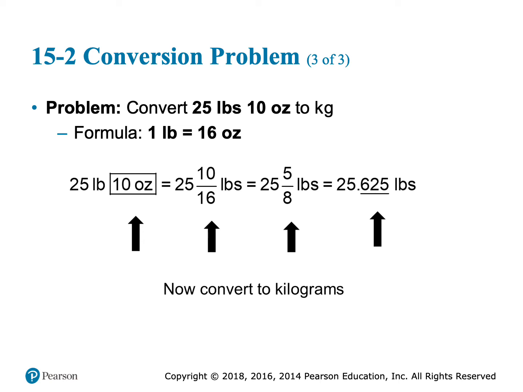We can reduce and then divide 8 into 5 to get our decimal, which is 0.625. So our pounds is 25.625 pounds, and now we can go ahead and convert to kilograms. And then we'll remember to round to the nearest hundredths, which would give us 25.63 pounds.